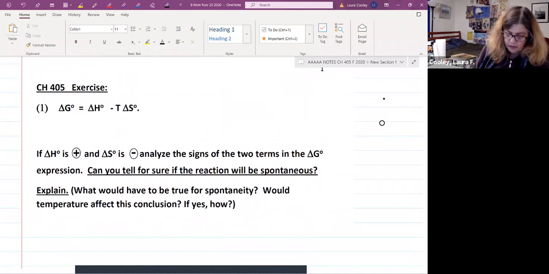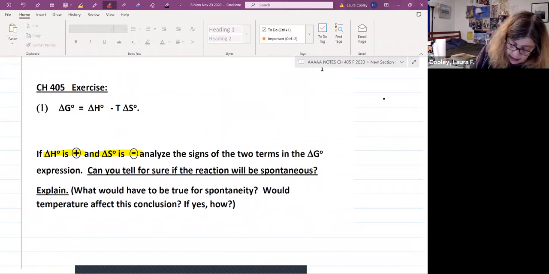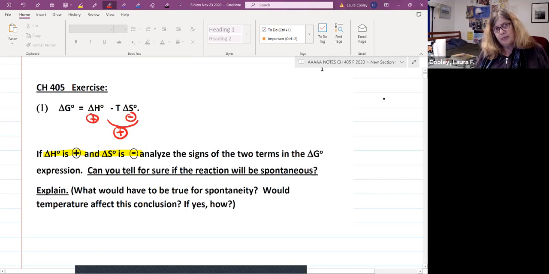The first one says if delta H is positive and delta S is negative, we can analyze the signs of the 2 terms in the delta G. If delta H is positive and delta S is negative, then of course the delta H term is positive, but the negative T delta S term becomes positive when you multiply by minus T. So this question says, can you tell for sure if the reaction will be spontaneous?